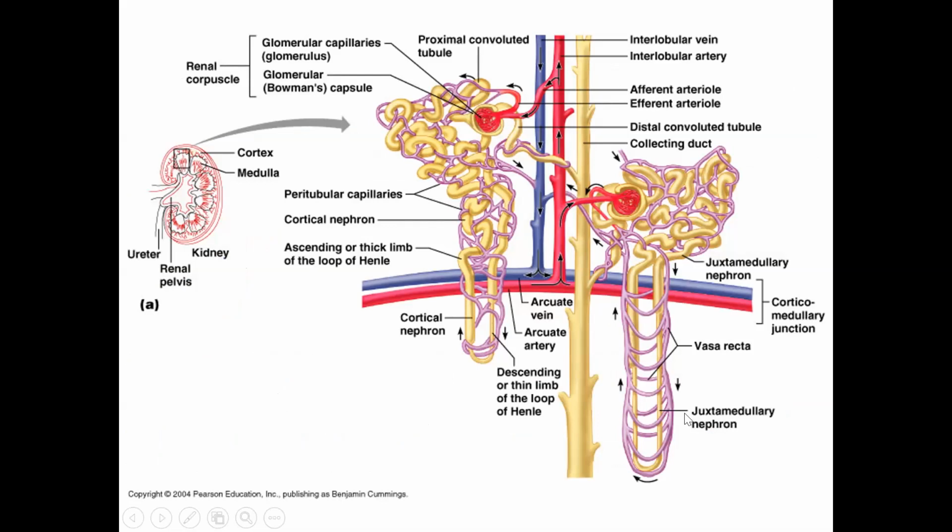But this type, the juxtamedullary nephron, has a very long extended loop of Henle deep into the medulla. We'll talk about the function of this today. The majority of nephrons are cortical nephrons. Only 20% of nephrons are juxtamedullary nephrons.